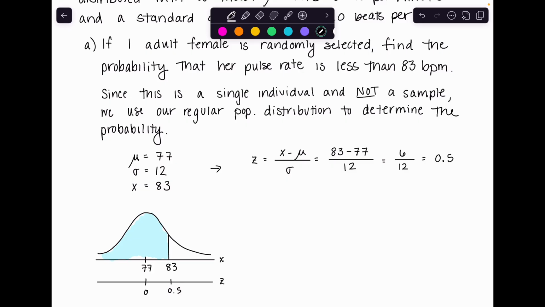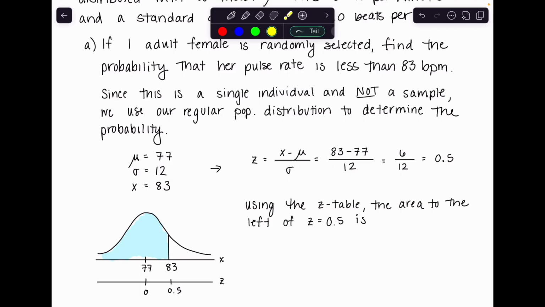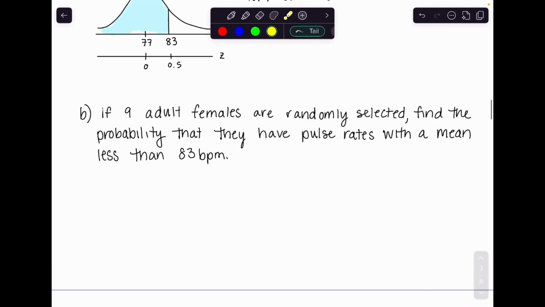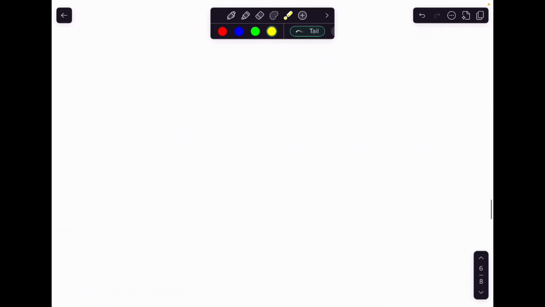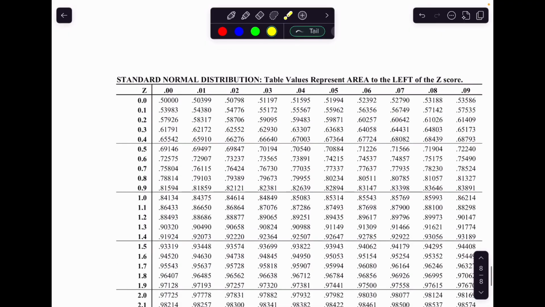So using the z-table, the area to the left of z equaling 0.5 is, well, I need to go to my z-table for that, and I have that at the very end. So I need to go to the positive values, and 0.5 is right here.